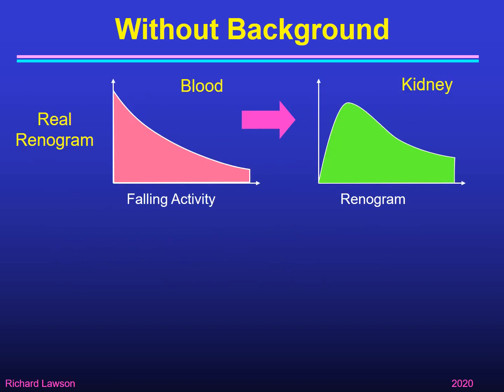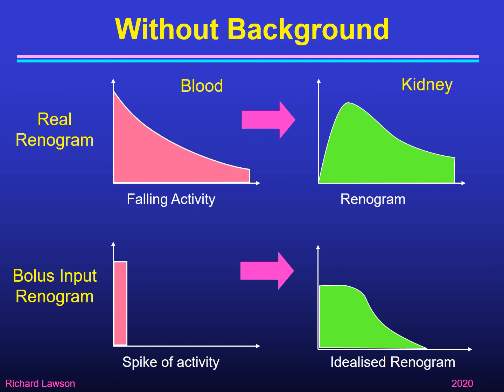So far we've been talking about what happens without any background in the renogram, assuming that background had already been subtracted. And we saw that the real renogram is a blood curve that falls with time, and that leads to a kidney response, which is a curve something like this.